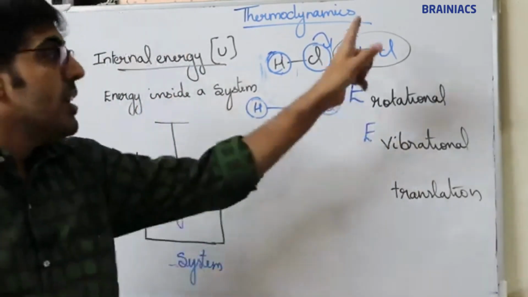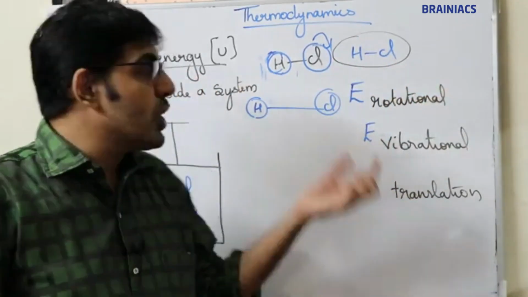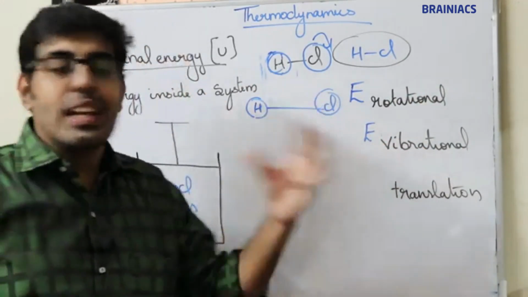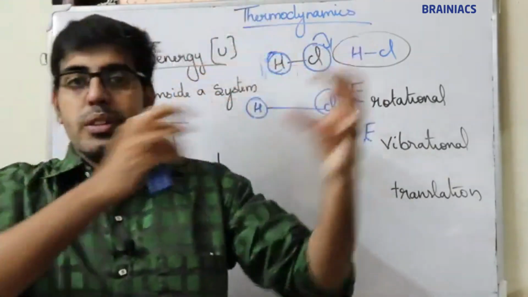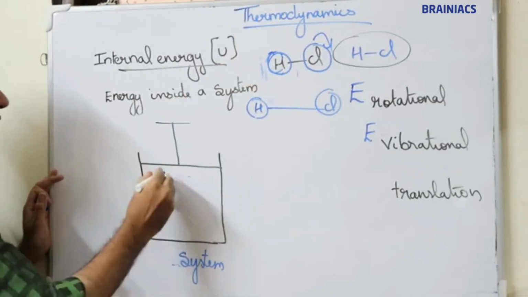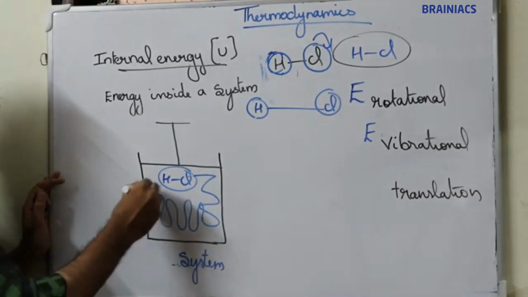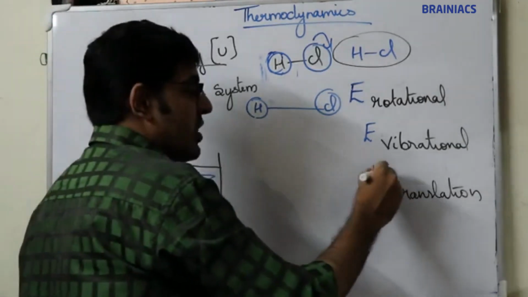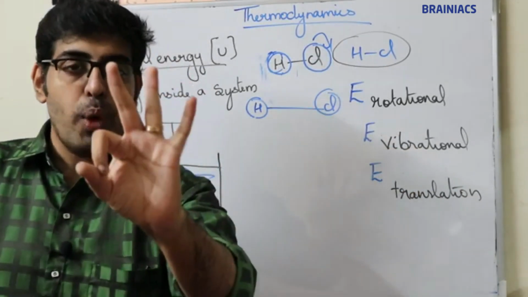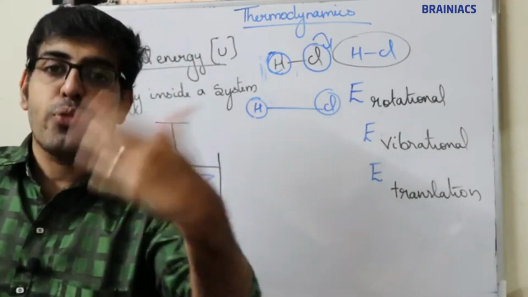So a single HCl molecule can show rotational energy and vibrational energy. If you consider a single HCl molecule, it can also move, and the energy required for movement, or translation for the zigzag motion, is known as translation energy. So a single HCl molecule possesses three forms of energy due to three different motions.